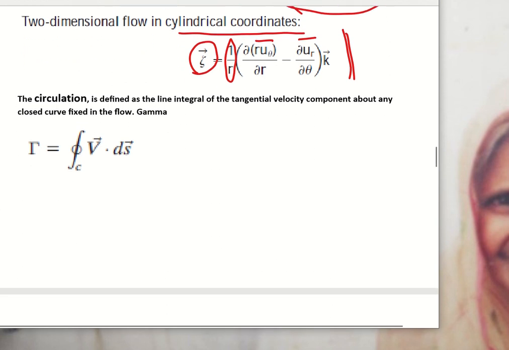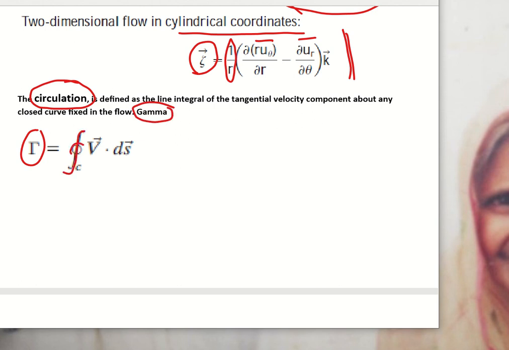The circulation. Now we are defining another term, circulation, and this is denoted by gamma. This gamma is the line integral for a closed curve. Suppose you have a fluid flow in which we have this closed curve.